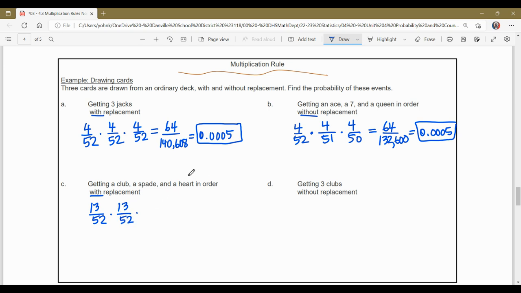The probability that the third one is a heart is also 13 out of 52. So I multiply on top, I get 2,197. On the bottom, I get 140,608. I divide, 0.016. So basically 1.6% chance that I would get a club, then a spade, then a heart.